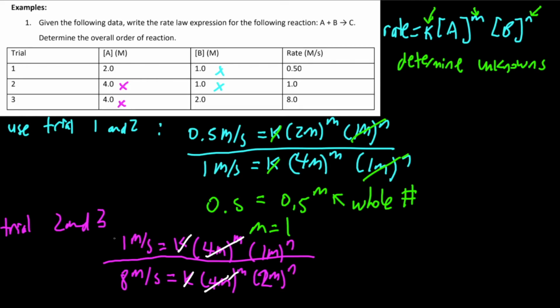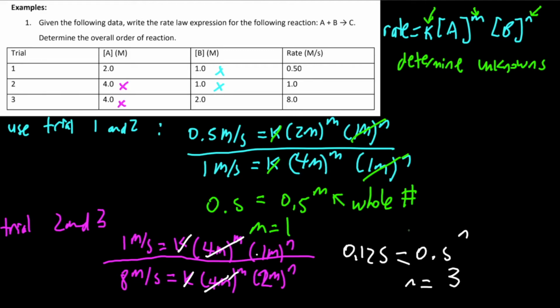So 1 divided by 8 gives you 0.125 equals, and here we have 1 divided by 2, which gives you 0.5 to the n. And if you guess and check to get a value close or equal to 0.125, you will get 3. So for now, we have m equals 1, n equals 3.